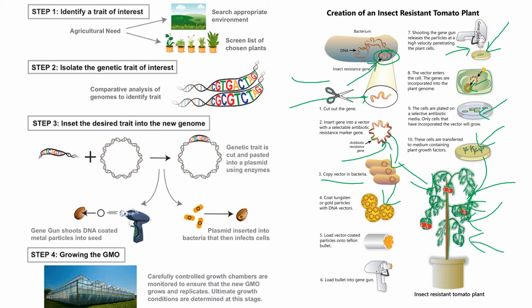So this is how the strategy is designed, or the steps are designed, while creating the insect resistant tomato plant. Bt cotton is also a good example, where first the Cry1 protein gene was taken. It was inserted into a vector.